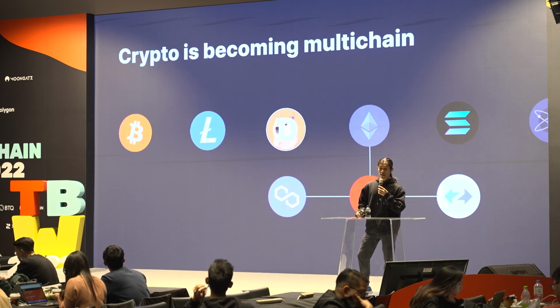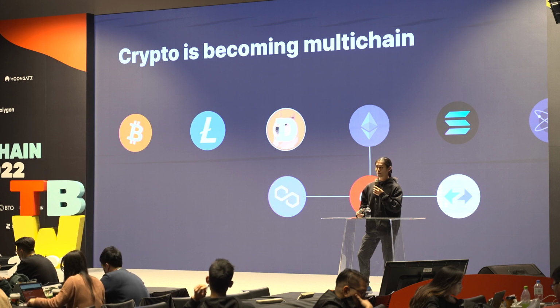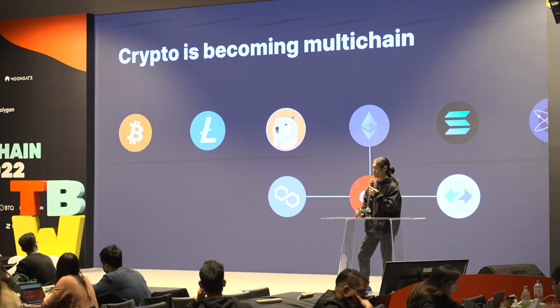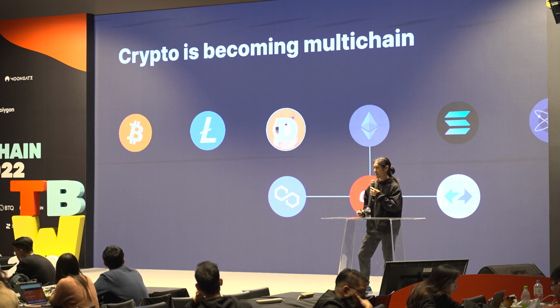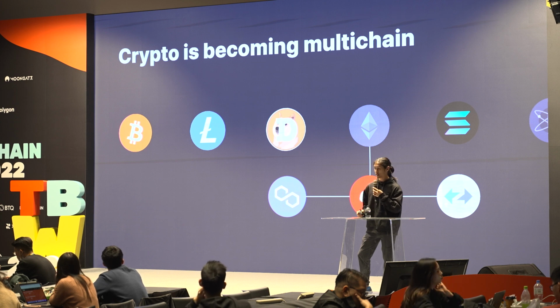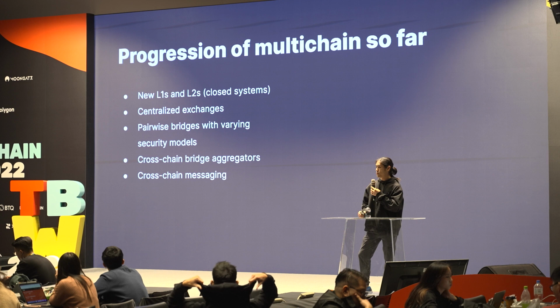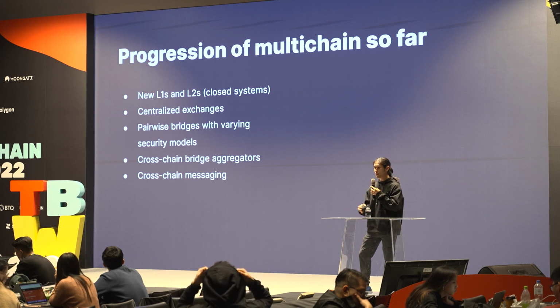So to start, I think it's pretty obvious that in the past few years we see a lot of new L1s and L2s popping up every month, year, whatever. And a lot of them have serious use cases, social graphs, etc. A lot of them are here to stay. And with that assumption, we get into this progression of the development of the ecosystem.